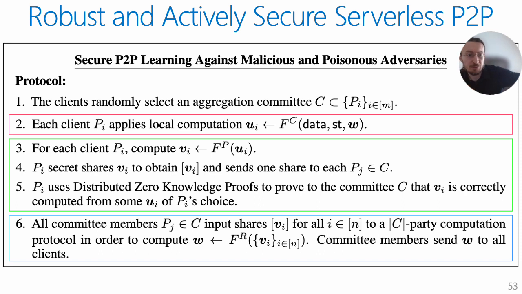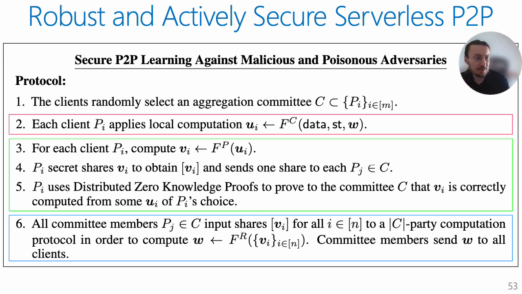So this was, for example, in centered clipping, the clipping of this gradient. After this, in the fourth step, each client P sub i divides the computed gradient V sub i into shares and sends them to the members of the aggregation committee C.